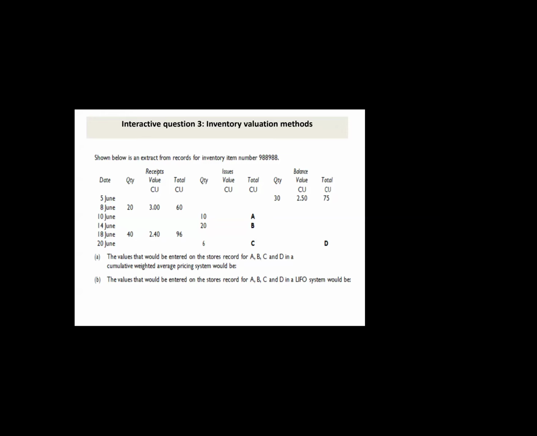So the value of C would be 6 into 2.5, 15. And the value of D, the value of closing inventory: the number of units would be, we have 60 units in hand and we issued 6 units, so our closing inventory would be 54 units, and the value of closing inventory is 54 into 2.5, 135.